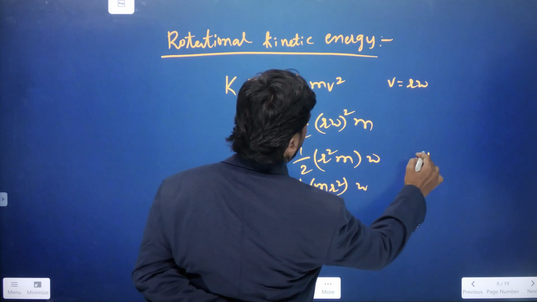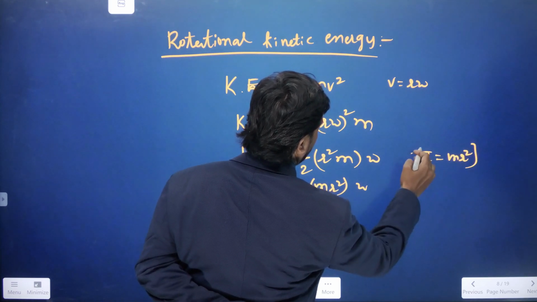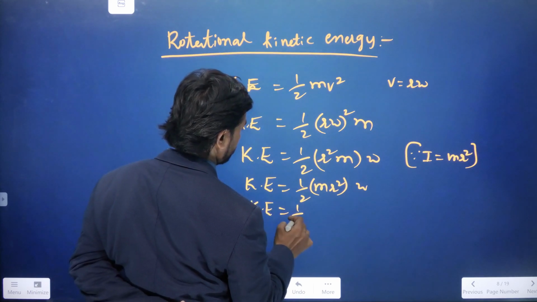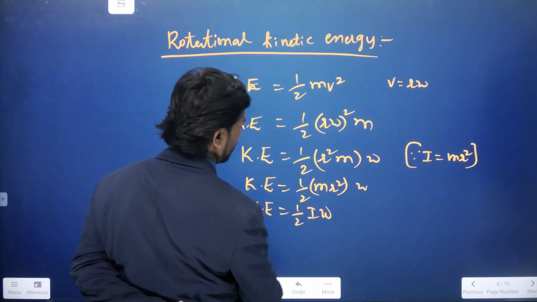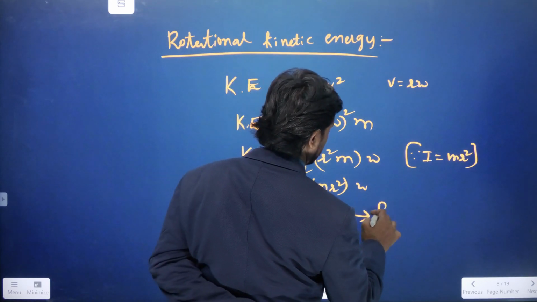We know that I is nothing but m into R square, the moment of inertia. Then the kinetic energy K is equal to half into I into omega square. This is the rotational kinetic energy.